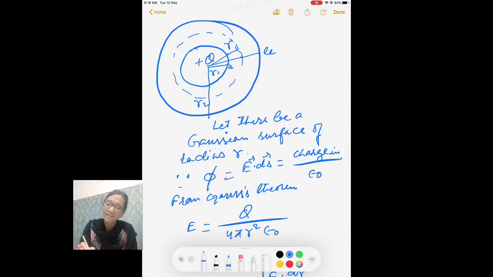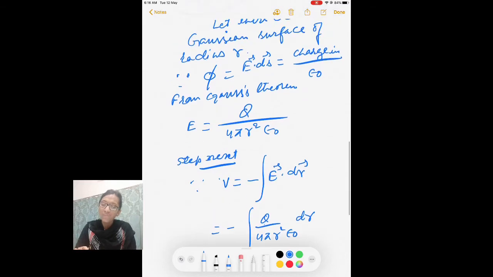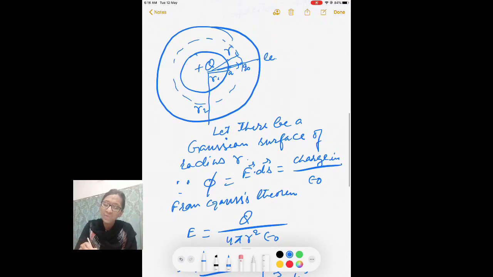If you place any positive test charge, it will be repelled along the radial direction. So the field is along this direction, and the displacement dr is also in this direction. So the electric force does this much work from point A to point B.